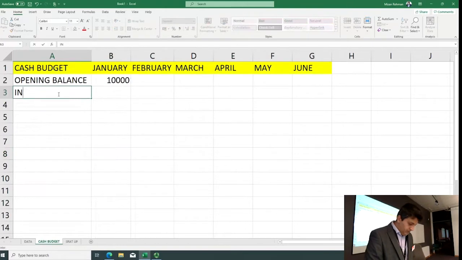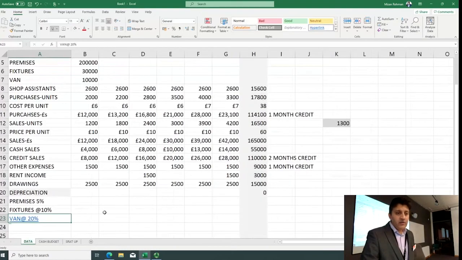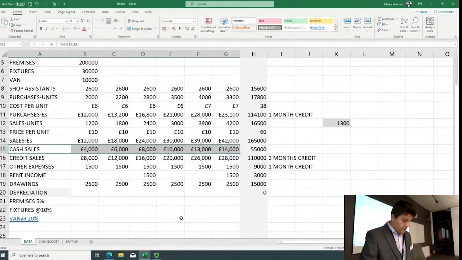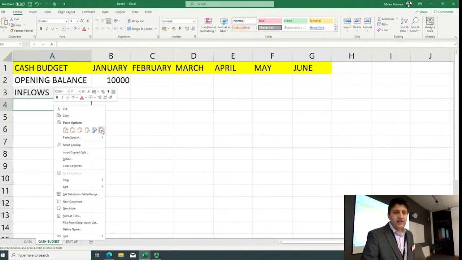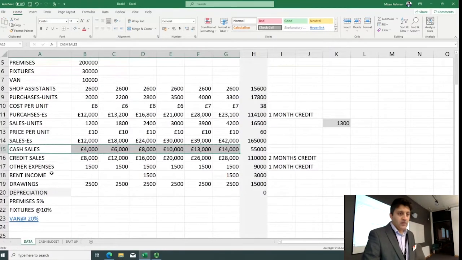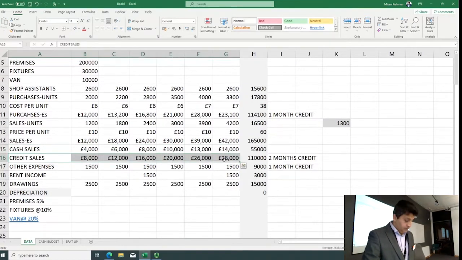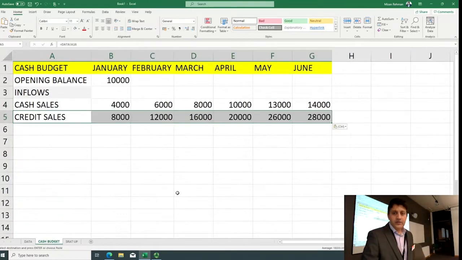Inflows. Cash sales is our inflows. Looking at our cash sales, Control C, right click, link, sales done. Credit sales, copy, link, done.